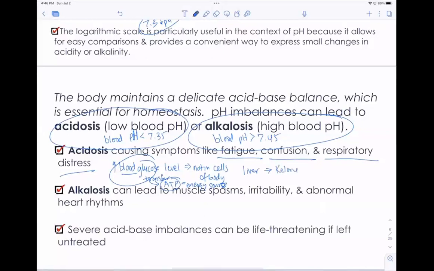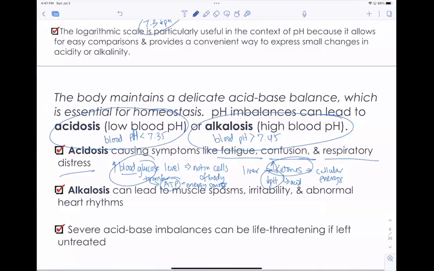And ketones can be used for cellular energy in cellular respiration when you don't have glucose. And ketones are acidic. They're keto acids. And so the more glucose that's in the blood, the more ketones get produced, the more that's going to decrease the pH of the blood.